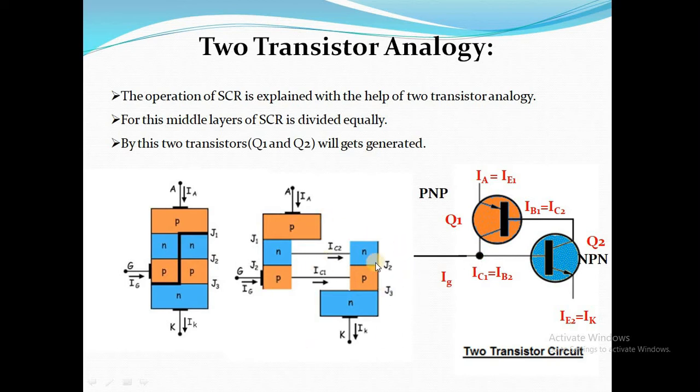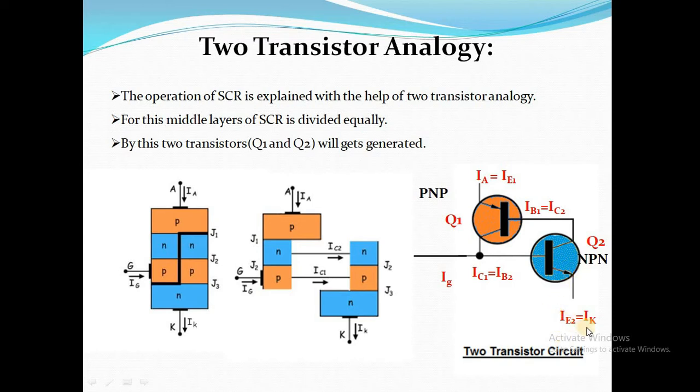Next, the second is an NPN transistor, and here we can observe that through the cathode terminal, the current of the SCR is coming out. So it is the emitter terminal of the second transistor, which is an NPN transistor, so the arrow on the emitter terminal represents outward direction.